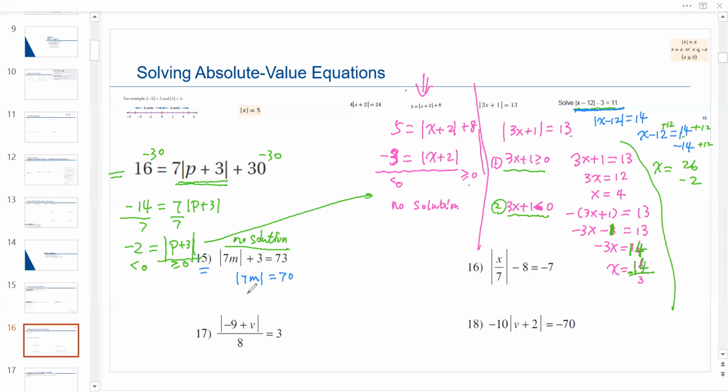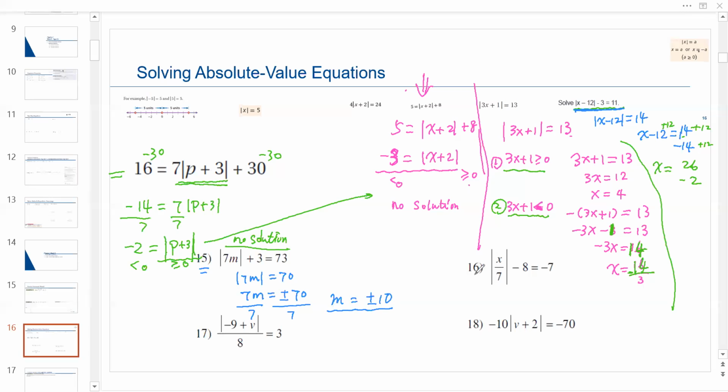So we can quickly find out that 7m equals positive or negative 70, right? Both sides divide by 7. So m equals positive or negative 10. One is positive 10, one is negative 10. They have two solutions.